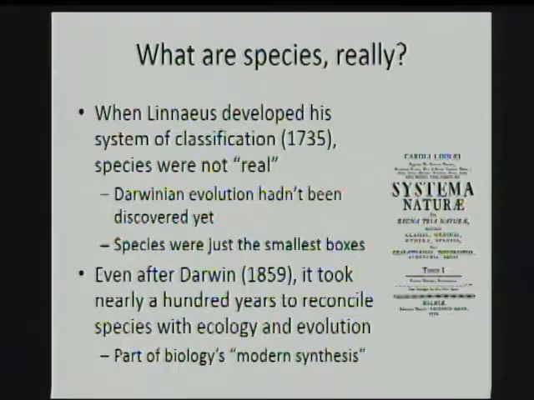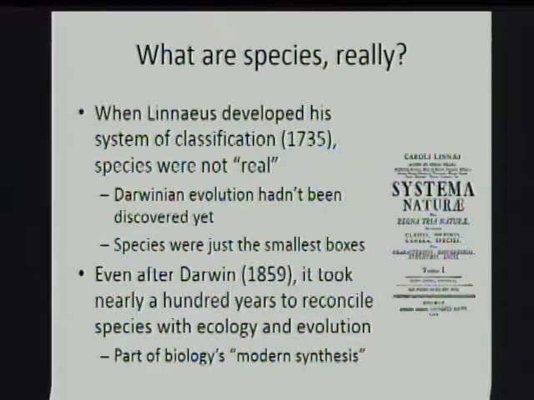And Linnaeus had the animal kingdom and the vegetable kingdom and the mineral kingdom. He was classifying rocks right alongside living organisms. And so even after Darwin came in more than 100 years later and gave us this idea of common descent and everything was related to each other, it still took a really long time to understand how species fit into this story.